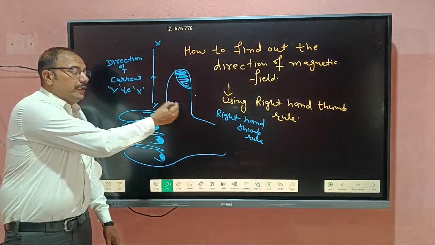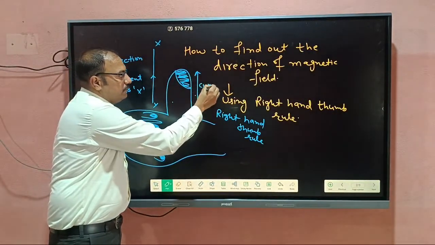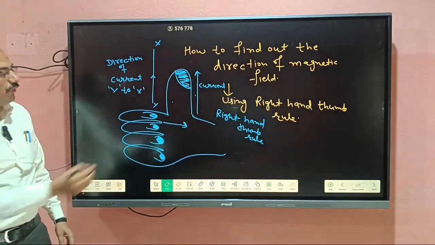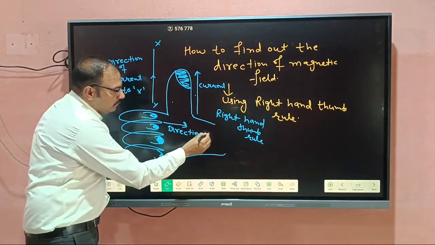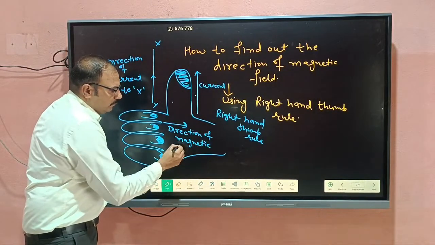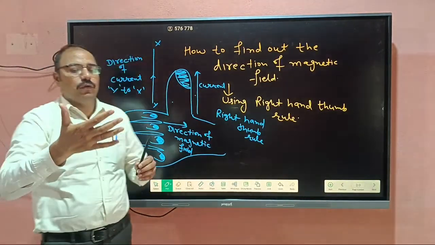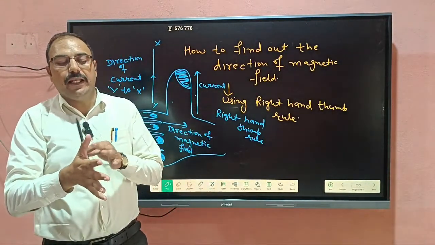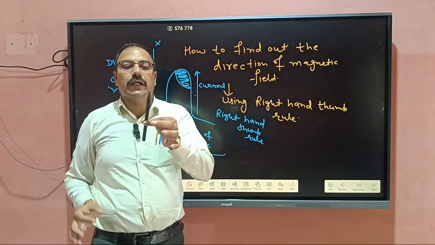So this is the thumb. What is the direction of electric current? This is the direction of the current, and this is the direction of the magnetic field. So this is the right hand thumb rule. This thumb represents the electric current, and the electric current flows in the upward direction. So this is a conductor or a wire.